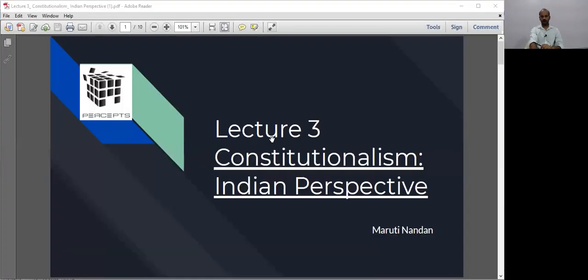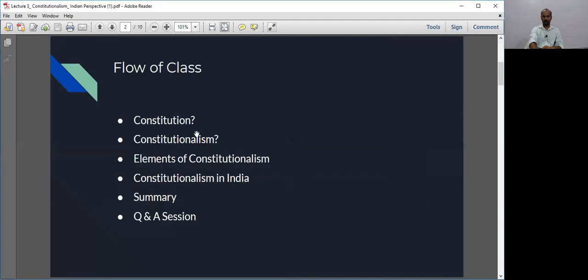Okay. So here is the slide for your ready reference. See, whenever we talk about constitutionalism, there are certain things that we need to keep in mind. But before we can easily grasp the complete essence of the topic, it is important that we understand what constitution exactly is and what are the key aspects that are important to understand constitutionalism in the very first place.